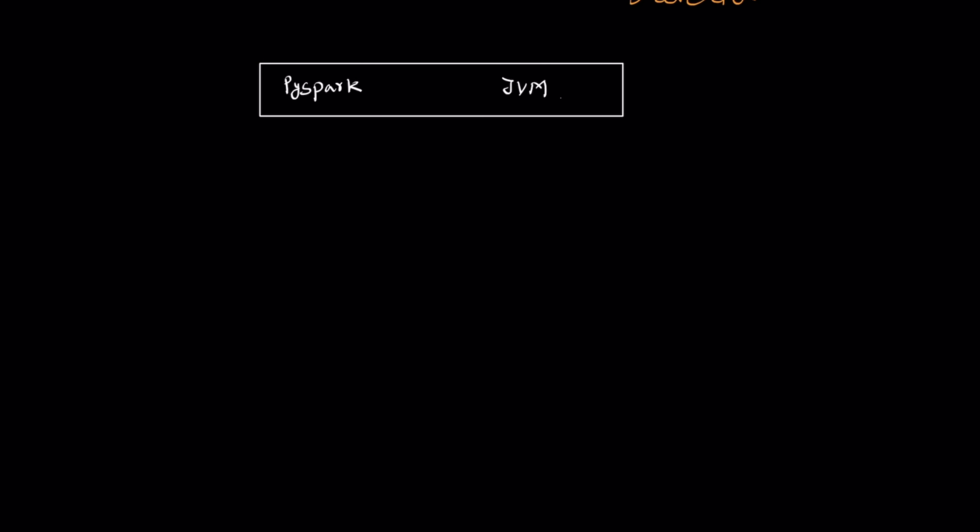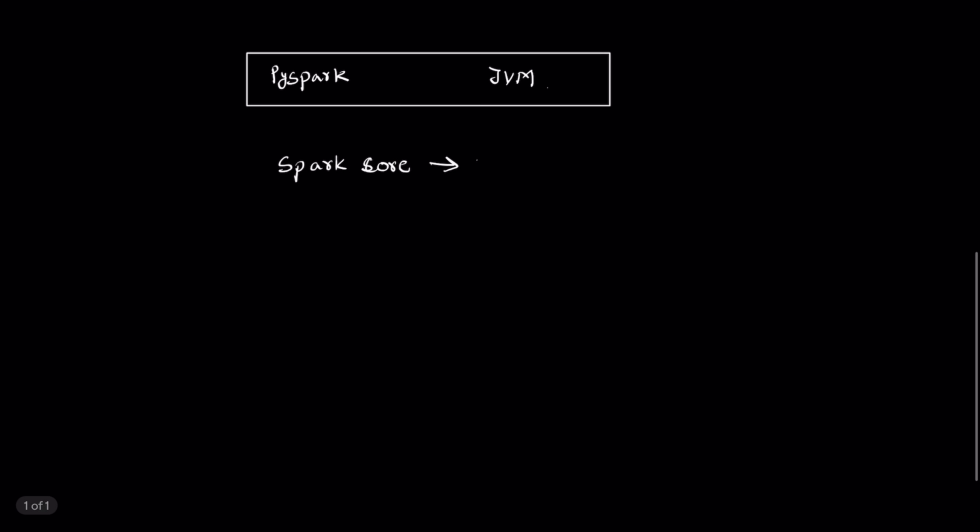The driver would consist of the Spark core. It will have PySpark and the JVM methods. Let's understand. On top of Spark core, we have something called a Java wrapper.